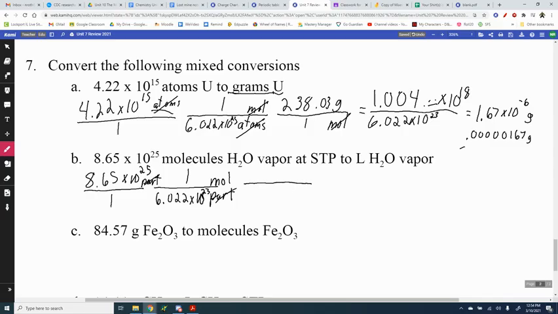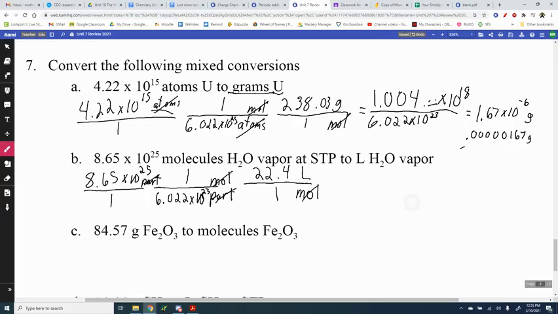Okay, moles goes on bottom to cancel out. We are converting to liters, so we put that on top. 1 goes next to moles. 22.4 goes next to liters. Moles cancels out. We're left with liters.